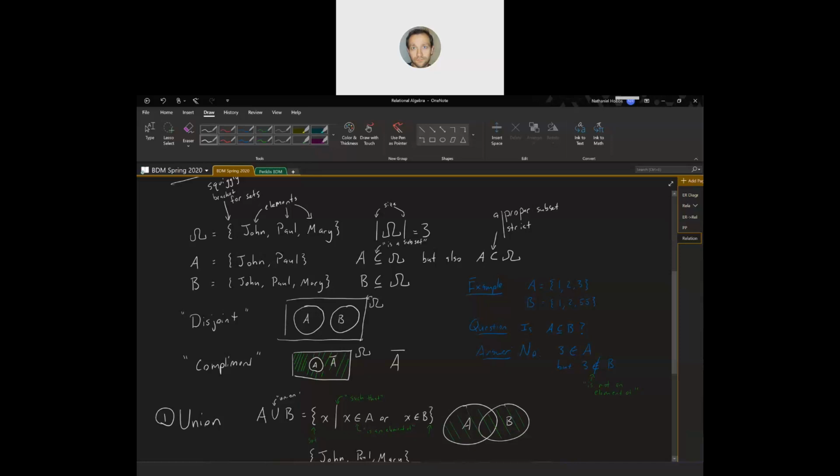If you put a line over the set name, then this means everything outside of that set that is still inside of the world.